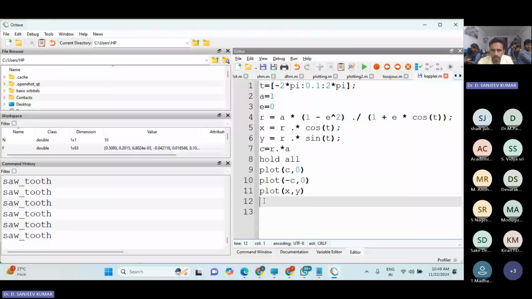So here we have to use a dot, and also take care of brackets correctly. So A star 1 minus E square dot slash bracket 1 plus E star cos t.